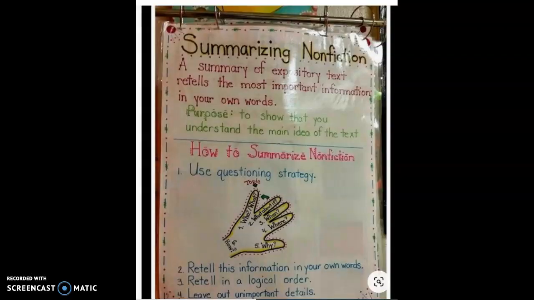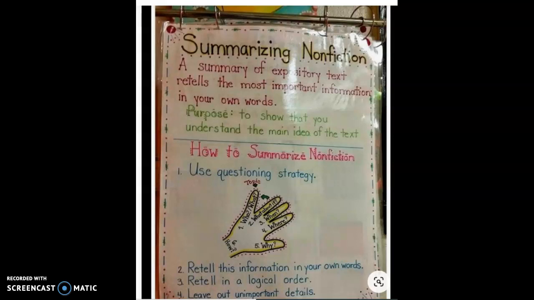When summarizing informational text, we want to use our 5 W's. Who, what, when, where, and why. So remember, a summary retells the most important event or the most important information in your own words.